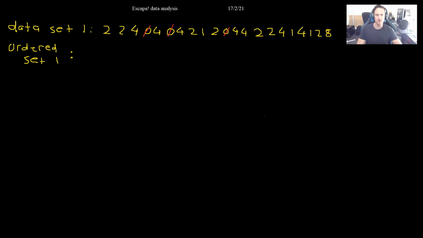The lowest number is 0. I've got 3 zeros, so I'll cross those out, and then in my new ordered data set, I'll put 3 zeros down to start with. My next lowest number is 1, and there's 3 1s, so I'll cross that out and put 3 1s. 2s: 1, 2, 3, 4, 5, 6, 7 2s. I'll get that down in my ordered data set.